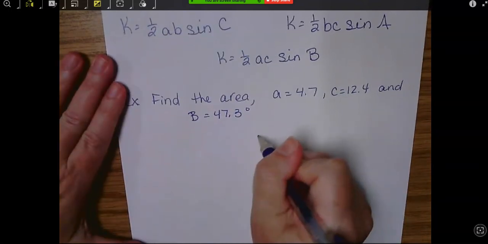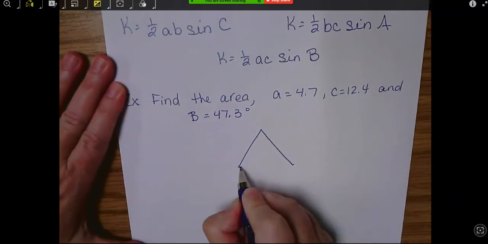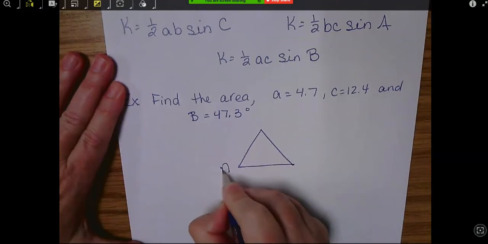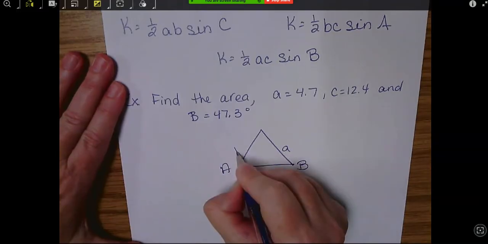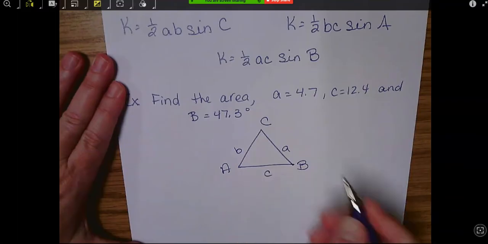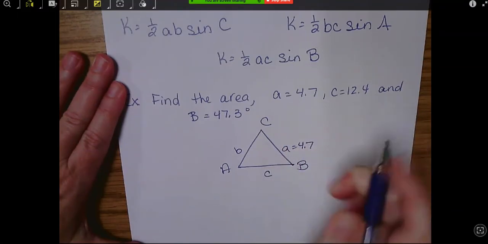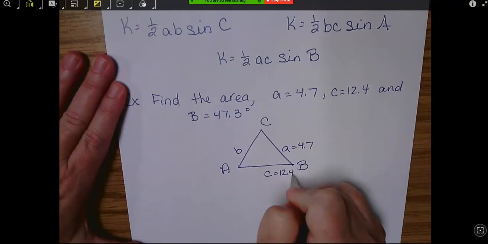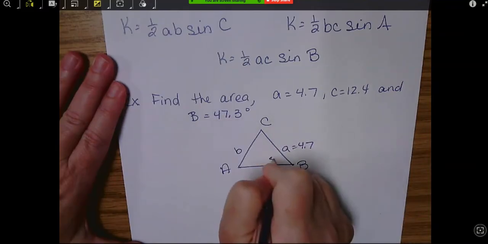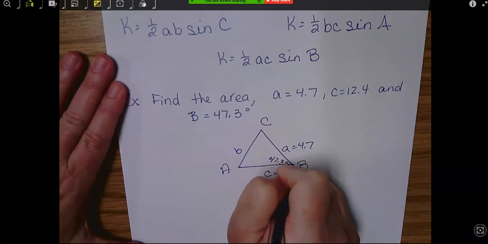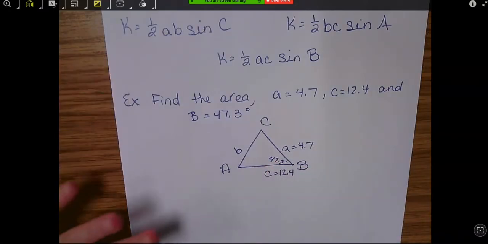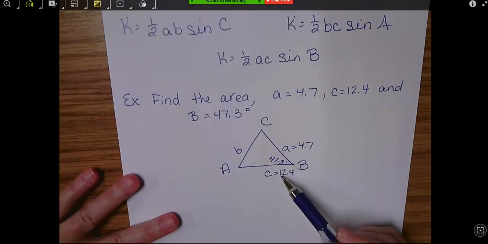Okay, so I draw my picture like we do always. A, B, C, and little c. So I know little a is 4.7, little c is 12.4, and big B is 47.3 degrees.